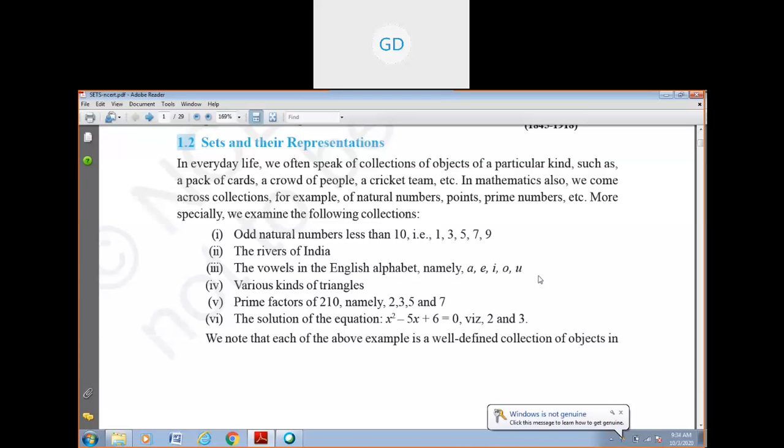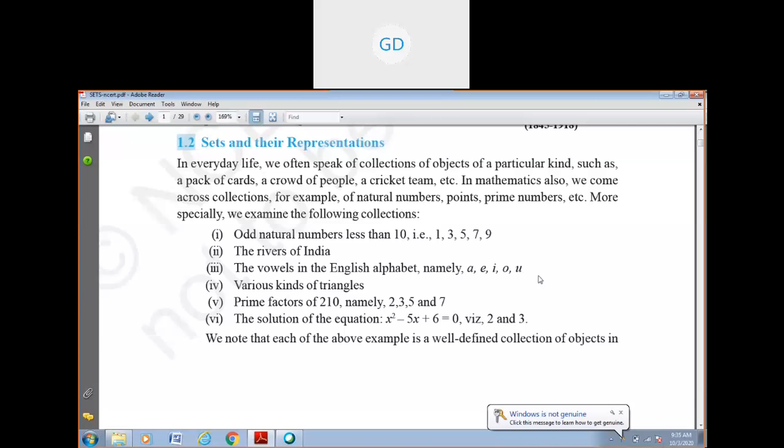These types of examples you can say, because in these examples you do not have any problem to write the elements, to have the objects.